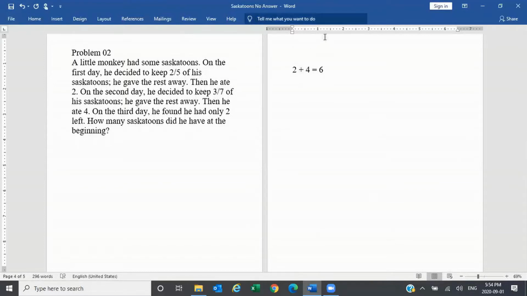I'll just use blue. Here we're going to have a circle, and we're going to divide it into 7 pieces. These probably won't be equal, but I mean them to be equal.